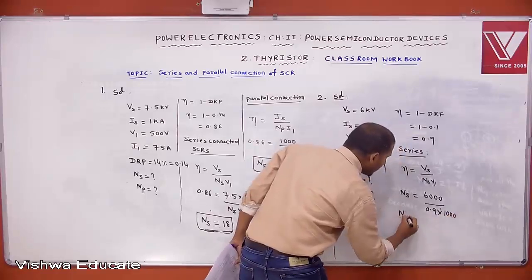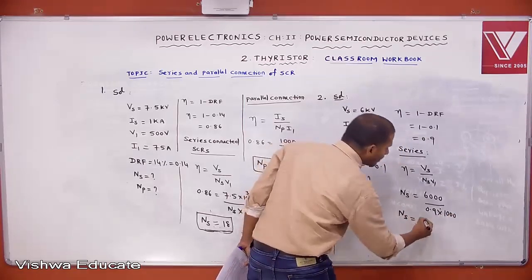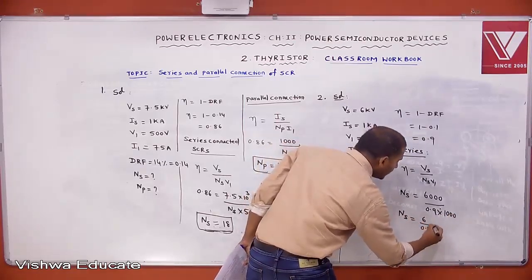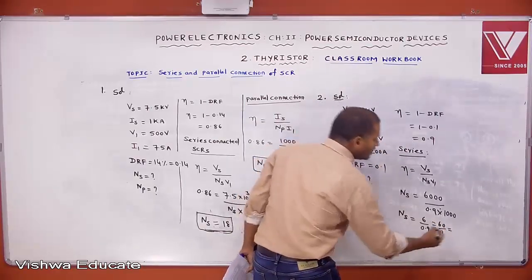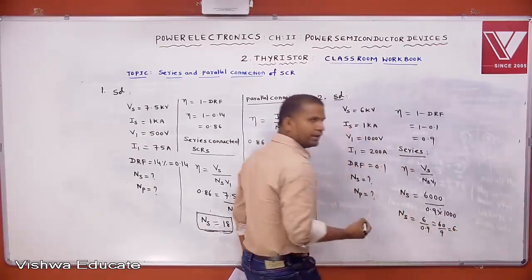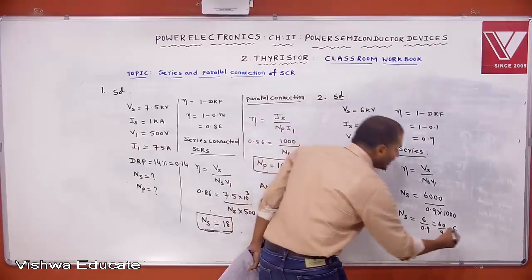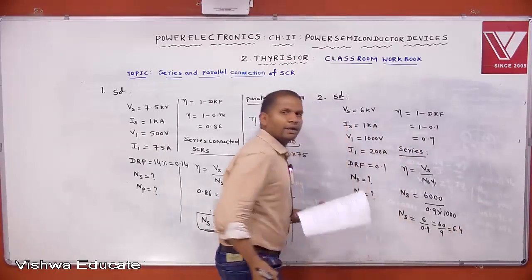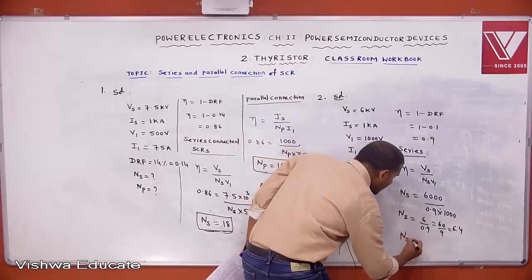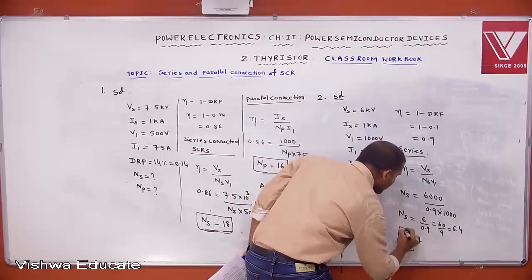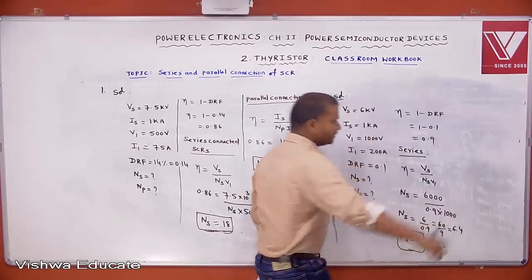Then the number of series connected SCRs is 6 by 0.9, that is 60 by 9, which is nearly 6.4. Then the number of series connected SCRs is nearly equal to 7.